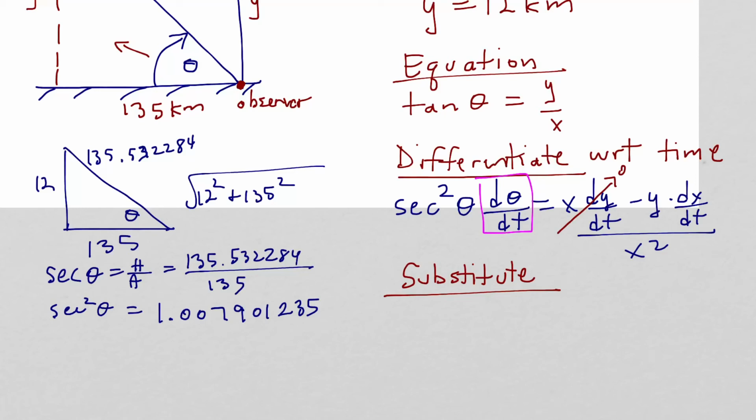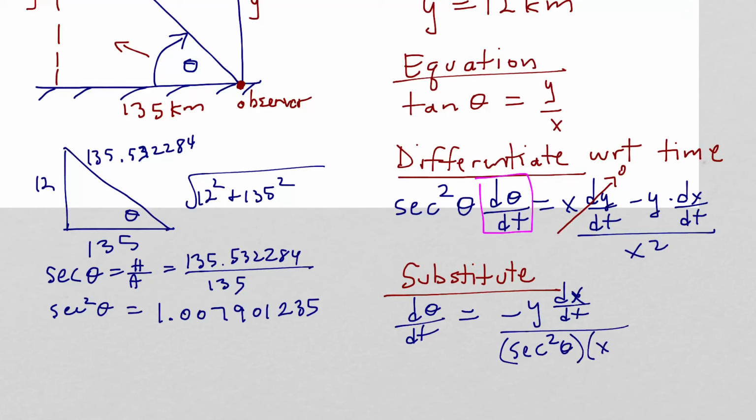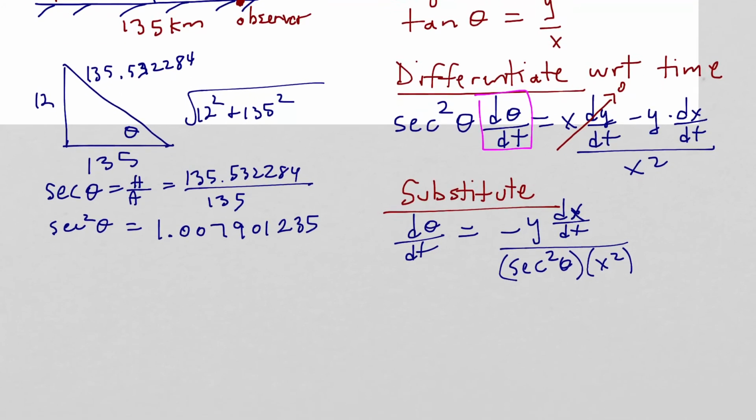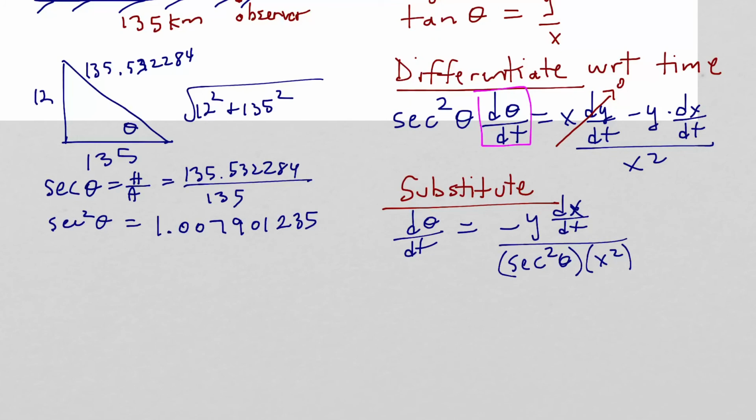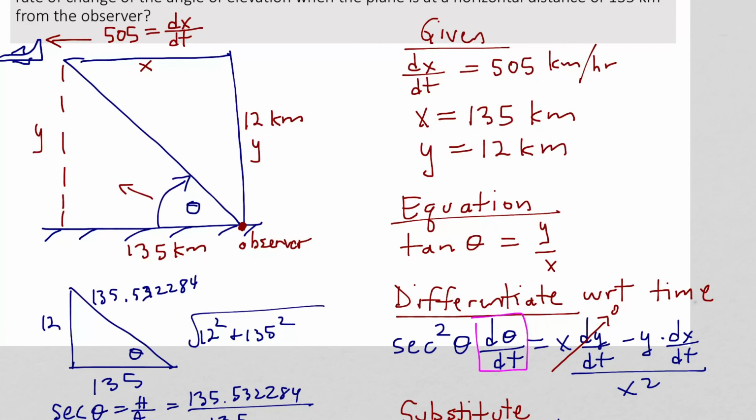So we can say d theta/dt is equal to negative y dx/dt, that's my numerator, divided by secant squared of theta times x squared. All right, so now we can substitute in there. d theta/dt is equal to negative y. Y is always 12. dx/dt was 505. That's here.